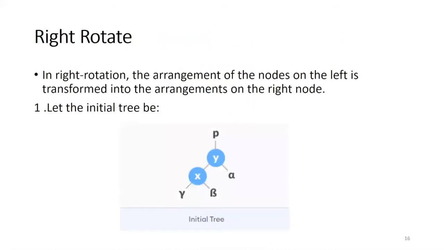Now let's move on to the right rotation. This is also similar, but we'll just right rotate it, which means that X will become the parent node. One more thing I want to share here is, let's suppose X is a node, and Y is a nil node.